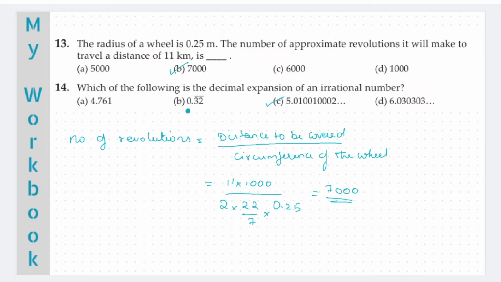Here in option B, it is non-terminating but it is a repeating decimal. Option D again, it's a repeating decimal. 0.03030303 is getting repeated. So option C is the only option which is both non-terminating and non-repeating, and hence this is irrational.